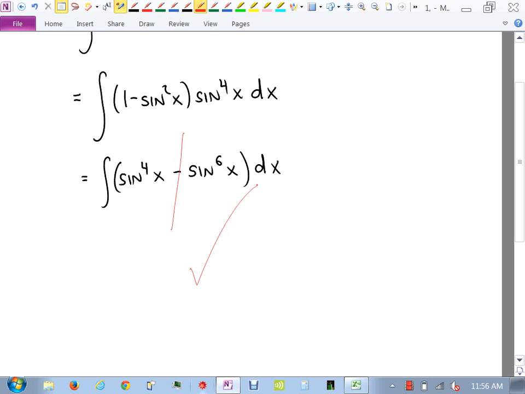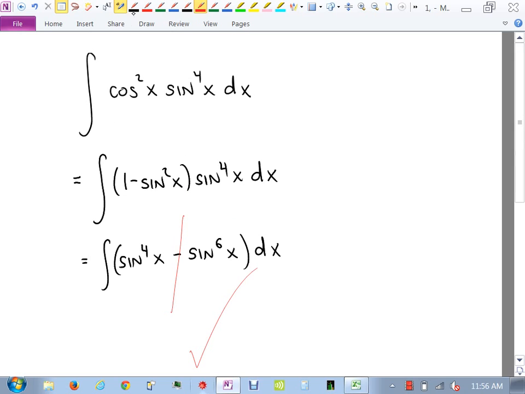The other approach I was going to take, and I'm not sure it would be necessarily easier, is to do your cosine squared x, sine squared x, sine squared x like this.